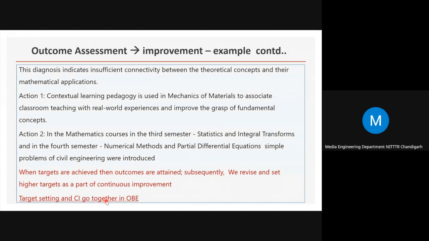If we have set certain targets and we are able to achieve those targets, we should set higher targets for the next batches, right? So we can find that target setting and continuous improvement go together in outcome based education. If targets are not achieved, then we need to identify corrective actions. If targets are achieved, then we can set higher targets for the upcoming batches, right?